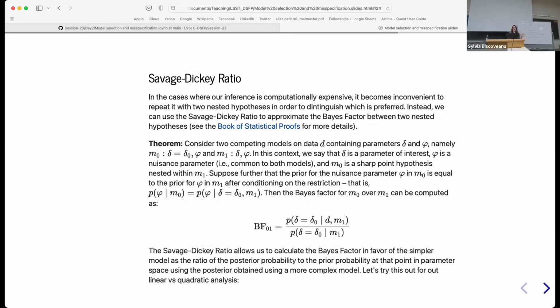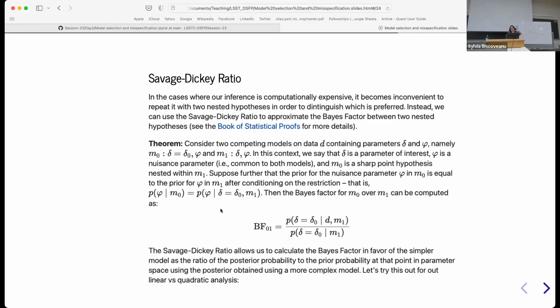So in many situations, redoing the analysis using the nested model is not always as computationally cheap as running things on a 100 by 100 grid. And so sometimes we want to be able to calculate Bayes factors between nested models without having to redo the whole analysis. And we can do this using what's called the Savage-Dickey ratio.